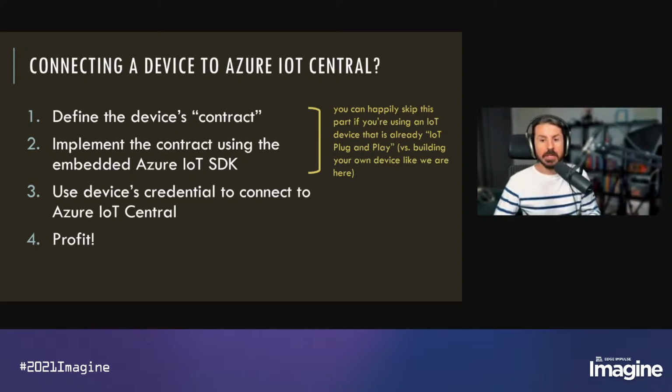So there is a very good chance that if you use off-the-shelf devices as opposed to devices you're building yourself, they are already supported as IoT Plug and Play devices. And hence, someone has done the job for you already. The only thing you care about is them letting you know, here's the contract of how you may interact with my device from the cloud. So, that's for the modeling.